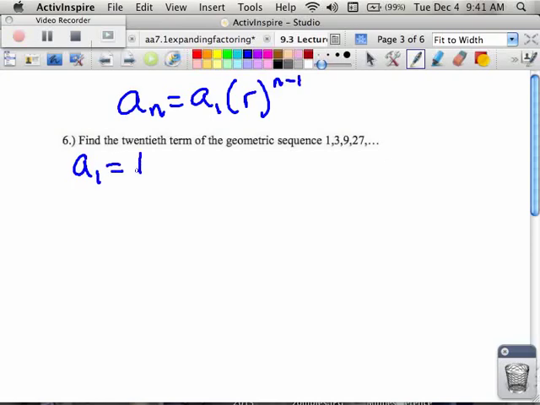If I look at the numbers being generated as I go along, 1 to 3, 3 to 9, 9 to 27, that tells me that my ratio is 3. And then I want the 20th term in this sequence. And if I want the 20th term, this is telling me that I have n equals 20.